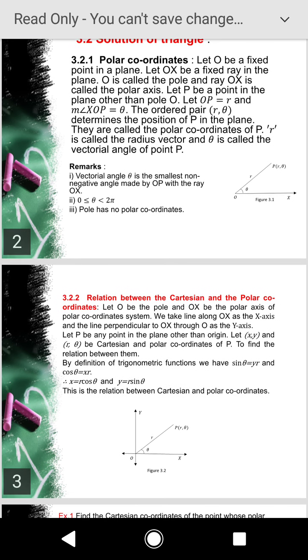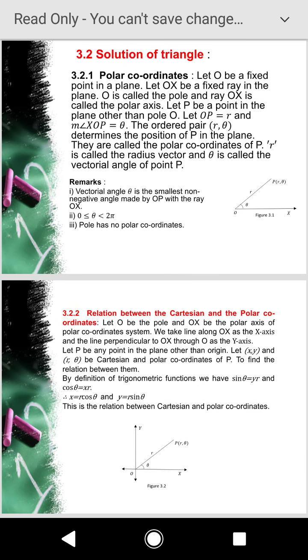The ordered pair r, theta determines the position of P in the plane.